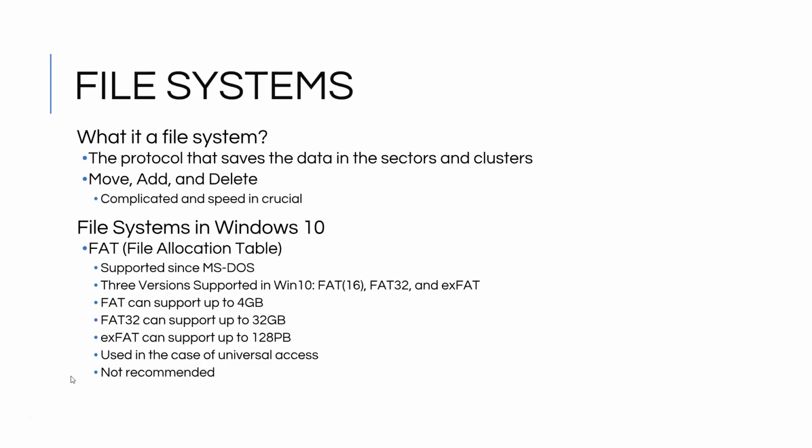Now, one of the huge problems with FAT is there's no access control in the file system. We're going to talk about this with NTFS, but with NTFS, you can actually control what users can access every single file and folder on the entire hard drive. You can specify who can touch it, who can read it, who can modify it, who can change the access control list.